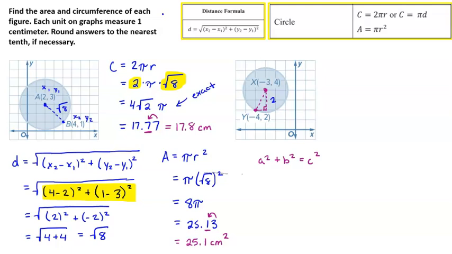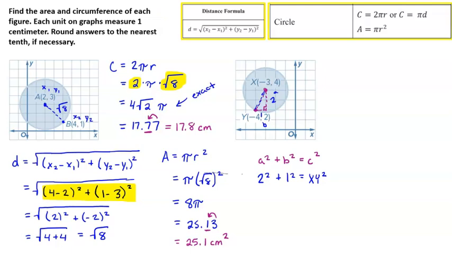And then B is just 1 unit over, so that's going to be 1. And so I would use that as A and B. So now I have 2 squared plus 1 squared equals C squared, which is going to be my hypotenuse here on my right triangle. And so that's going to be xy squared.